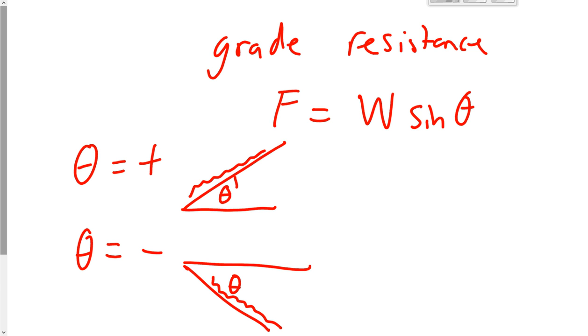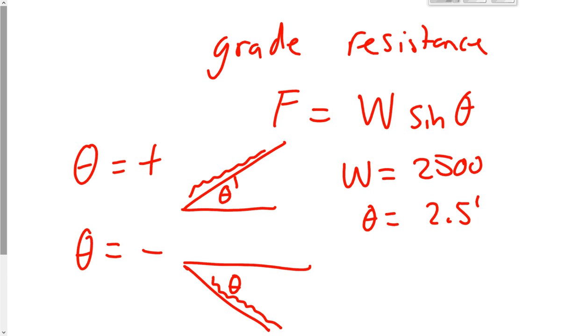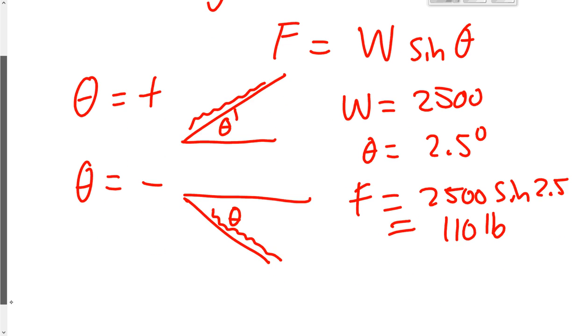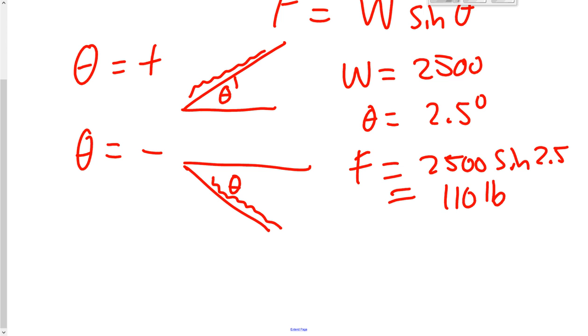Let's figure this out for a car whose weight is 2,500 pounds and the angle is 2.5 degrees. Then we just find our force by taking 2,500 and multiplying that by sine of 2.5, which is approximately 110 pounds of force. Then there's another problem.